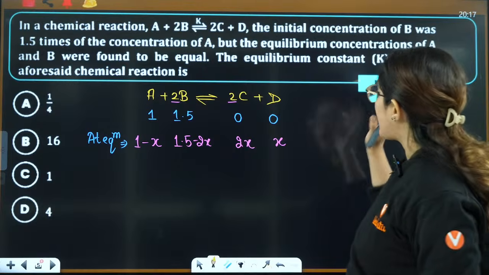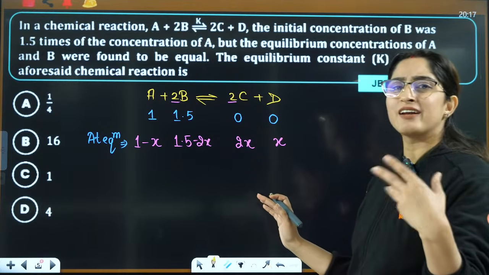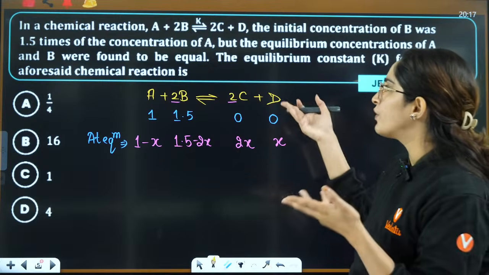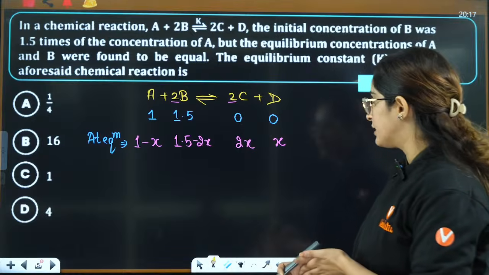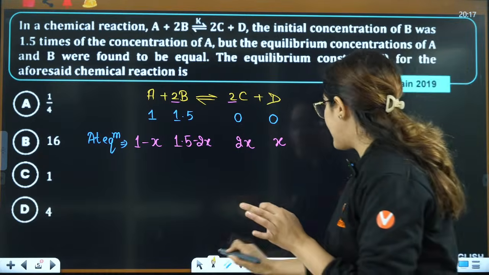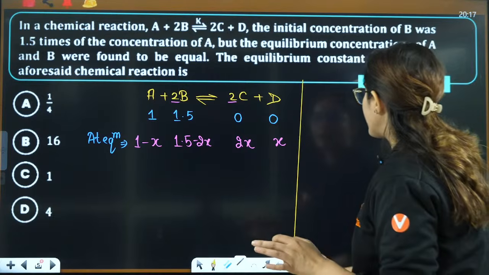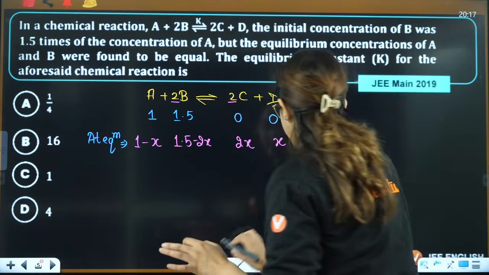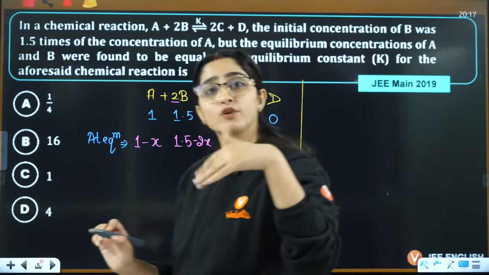Everything is given in concentration only, so we don't need to divide by volume. Moreover, volume is not given to us. Directly, they have given a hint here. To find x, they will always give you some hint.